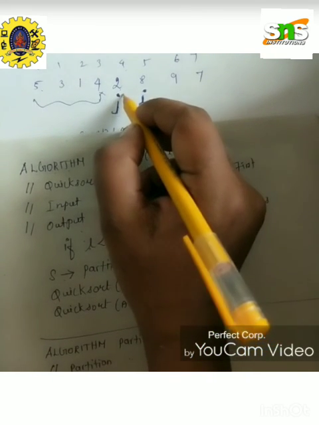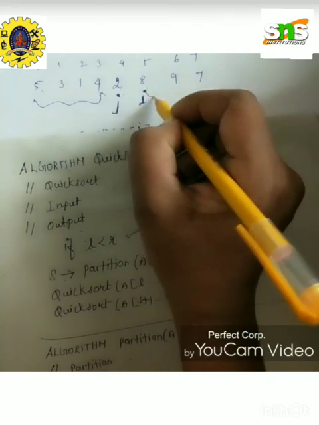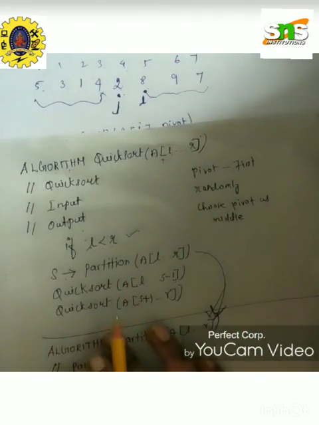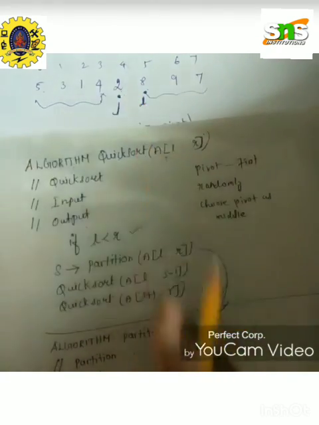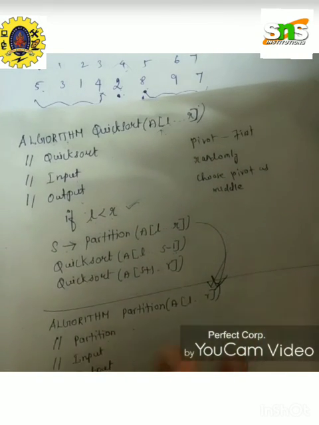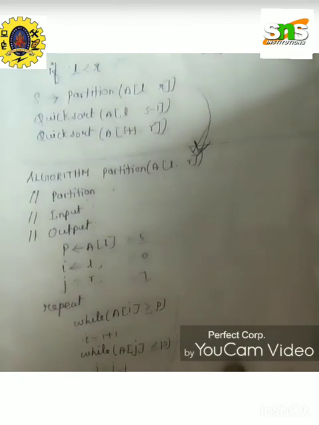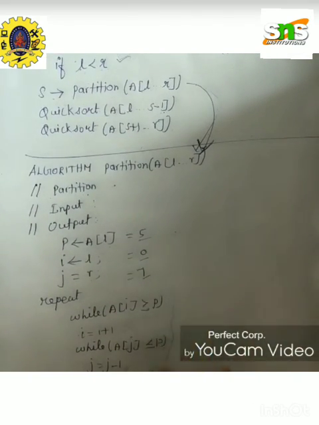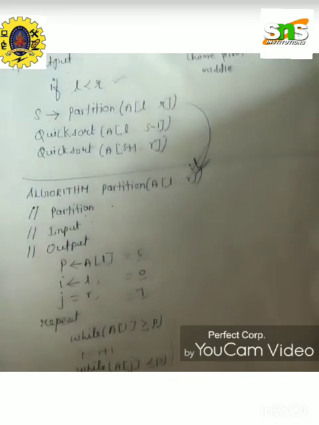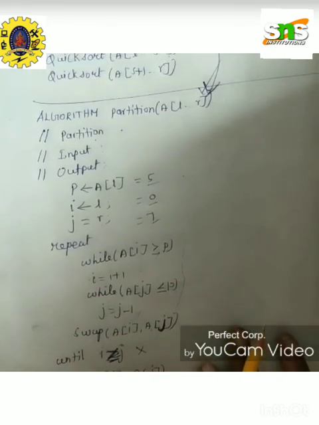S plus 1 means 4 plus 1, 5. 5 to 7 is a separate list. In the middle, you store your pivot element. This will be divided like this. This is the divide and conquer strategy applied in the quicksort algorithm. That's all about the algorithmic explanation. In the next video we're going to discuss the analysis of quicksort.